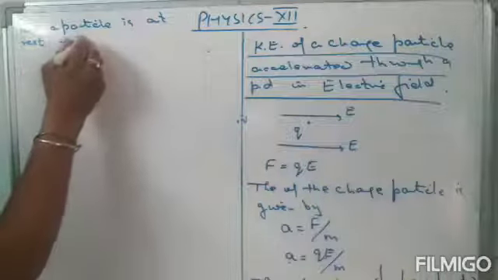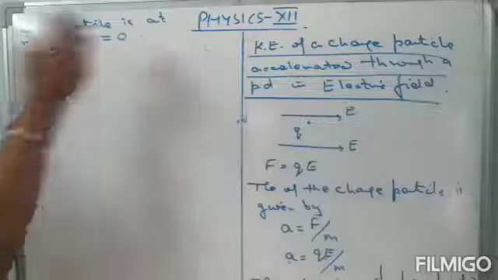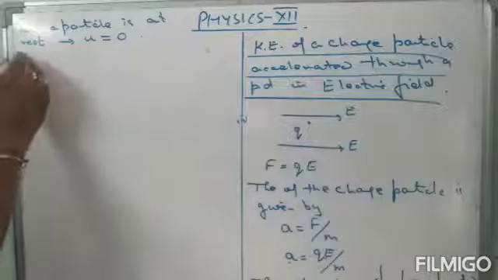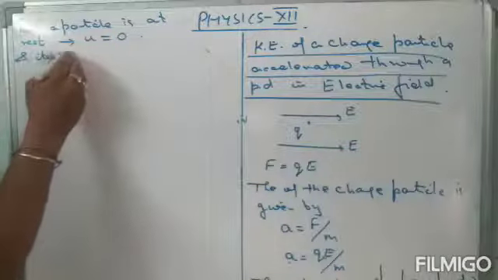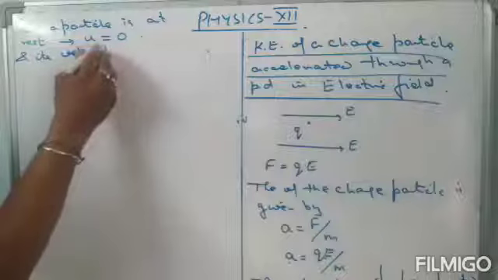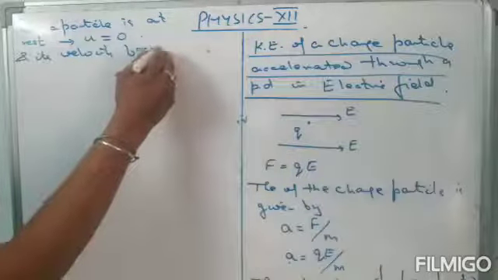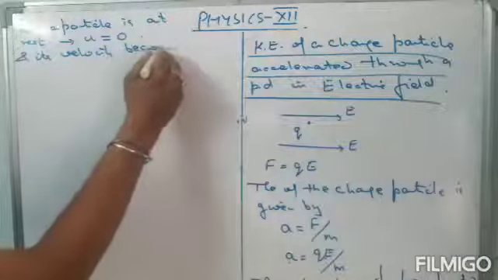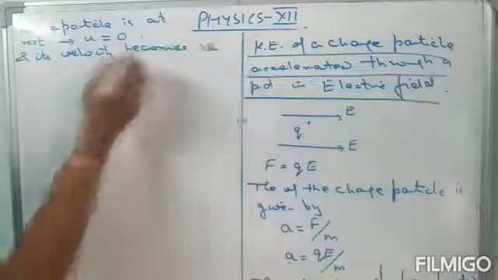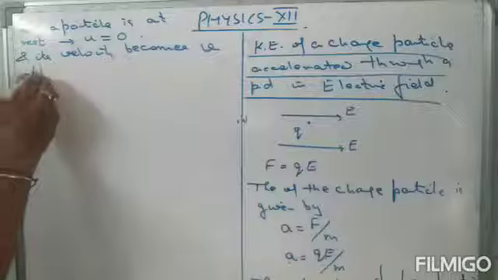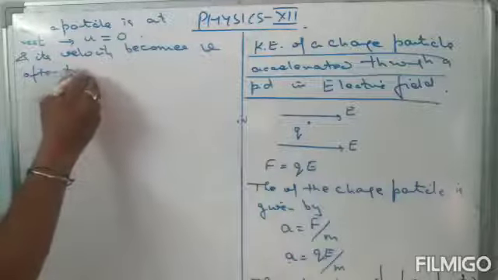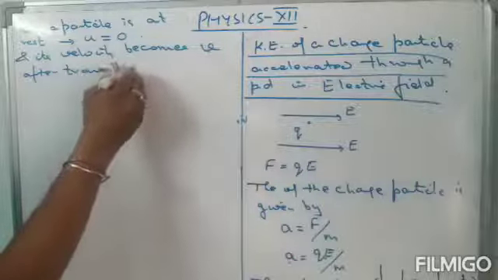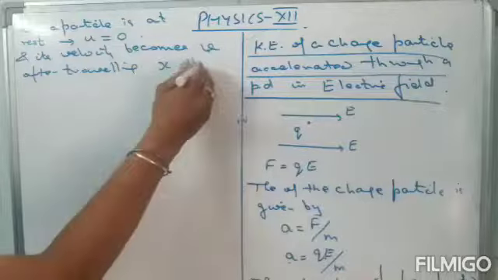That means U is 0, and its velocity becomes V after traveling a distance x.